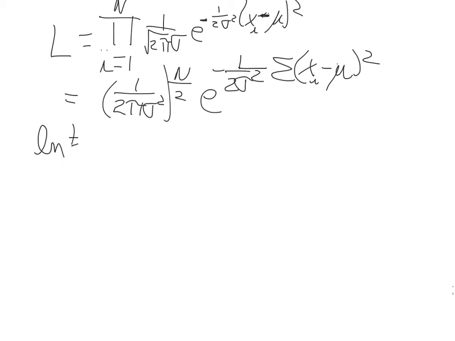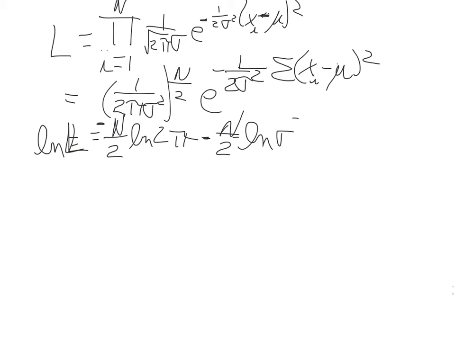And what I'm going to do, the log of that, is pull this down. So I'm going to have minus n over 2 of natural log of 2 pi minus n over 2 of log of sigma squared.